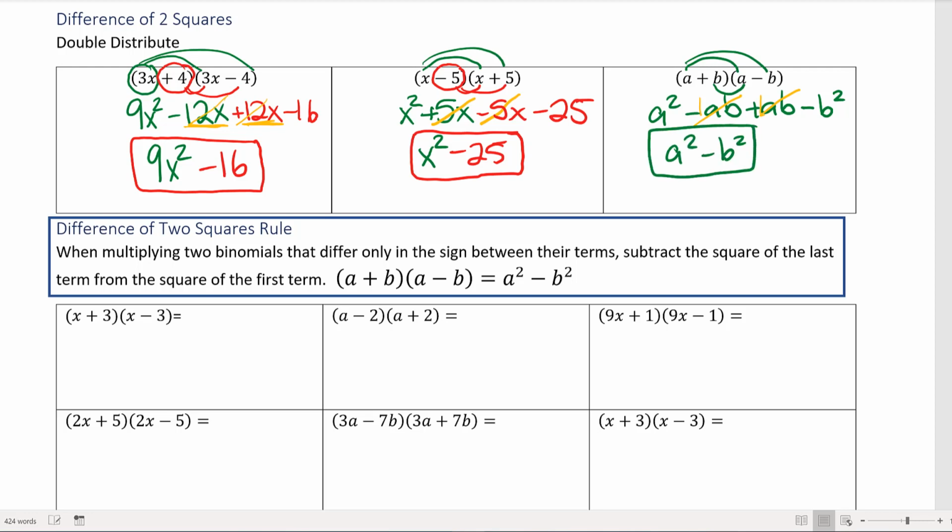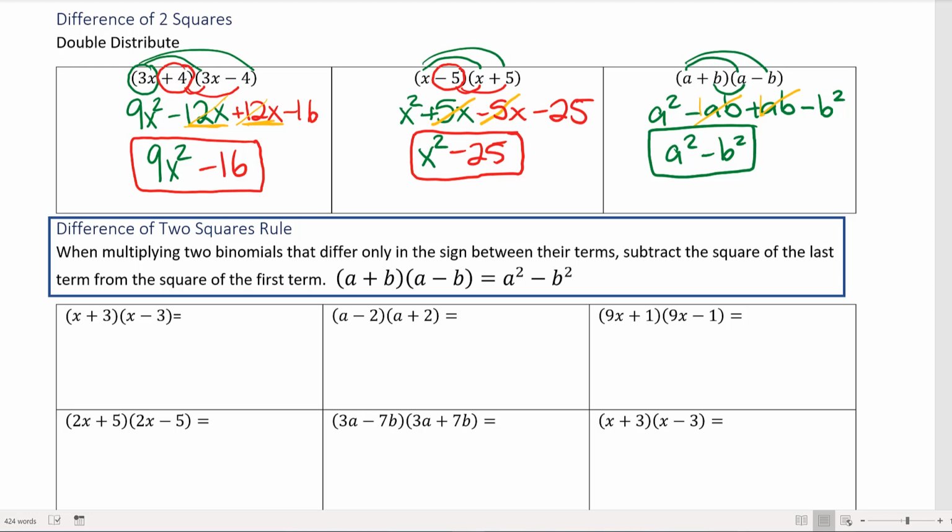Okay, so what do you notice that's similar about all three of these problems? Well, the 3x and the 3x were the same, and the 4 and the 4 were the same. The only difference was the sign in the middle. So 3x plus 4, 3x minus 4. x minus 5, x plus 5. Notice that the terms in the front and the terms in the back are the same.